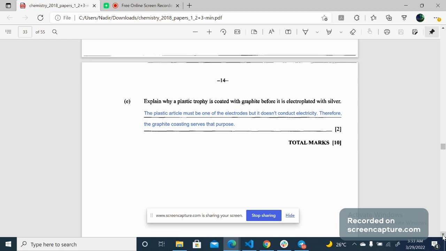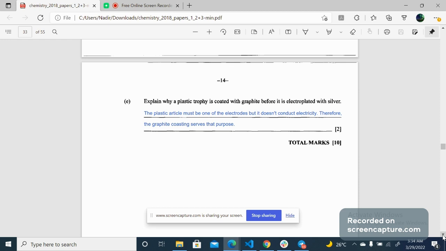But before doing that, the plastic is coated with graphite. Why is graphite in the picture? Because we are electroplating with silver. Why do we have to coat the plastic object with graphite before we electroplate it with silver?